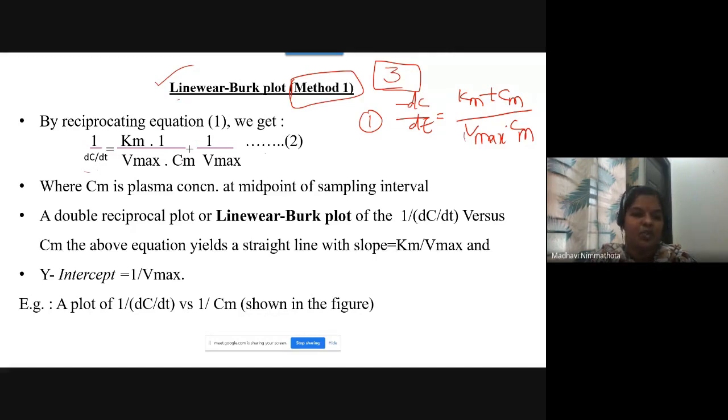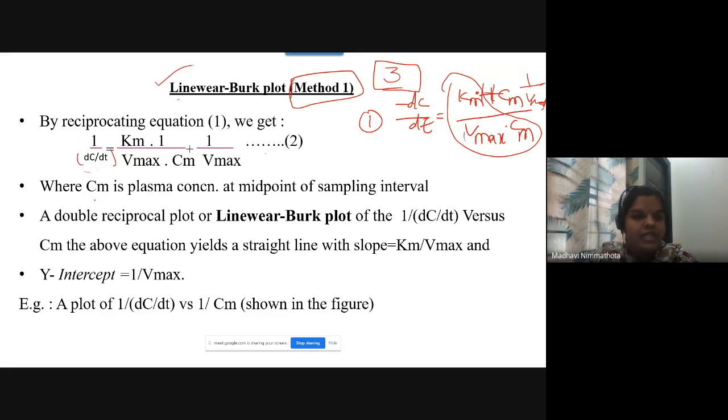Write down: 1 by dC by dt is equal to Km into 1 by Vmax into Cm, and here you have an addition symbol, right? Plus 1 by Vmax. You can write it down like this. This is the reciprocal equation of equation 1.